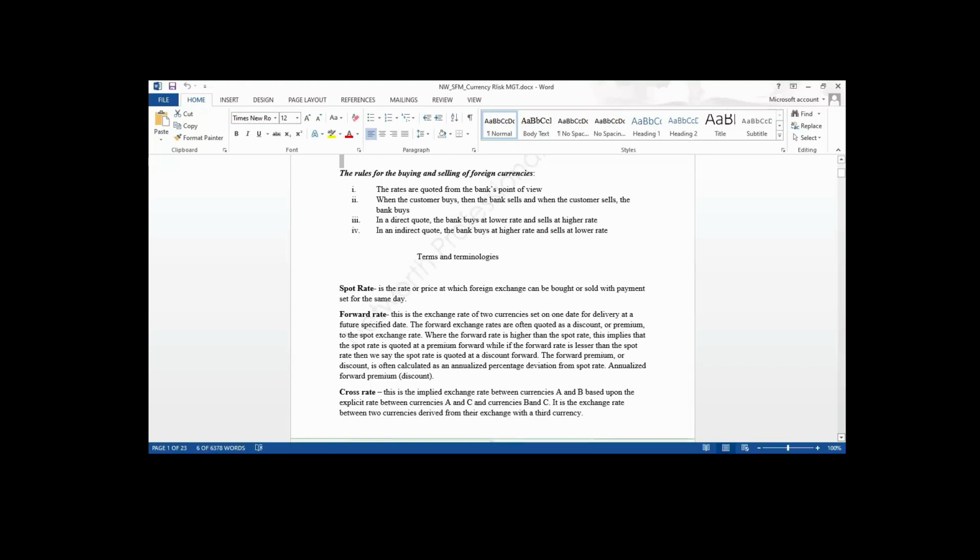When we say cross rates, it is the exchange rate between two currencies derived from the explicit relationship with the third currency.